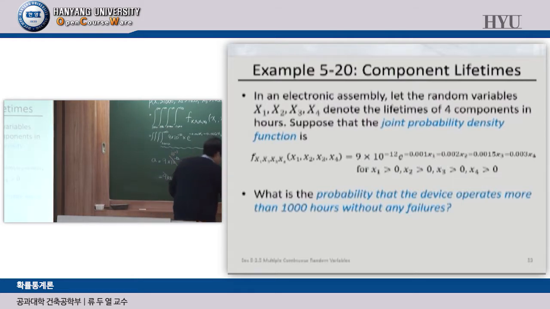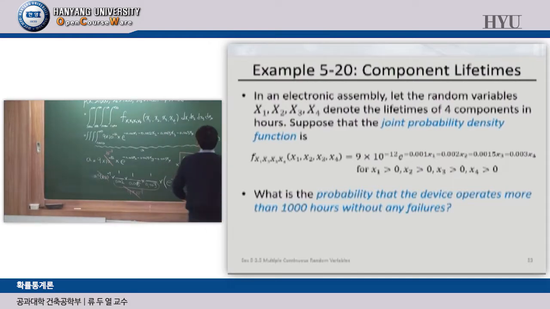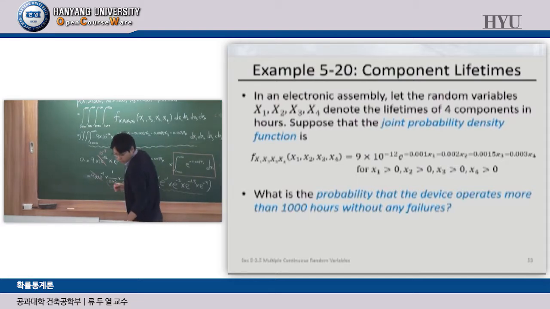So the final answer is equal to exponential of minus 1, minus 2, minus 1.5, minus 3. That is equal to exponential minus 7.5, and that is equal to 0.00055.